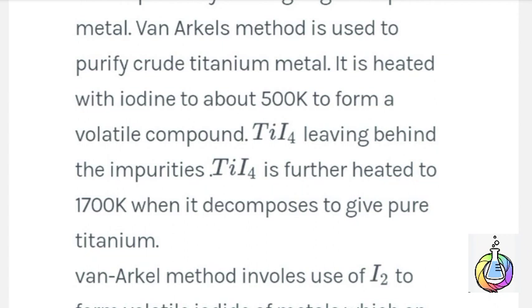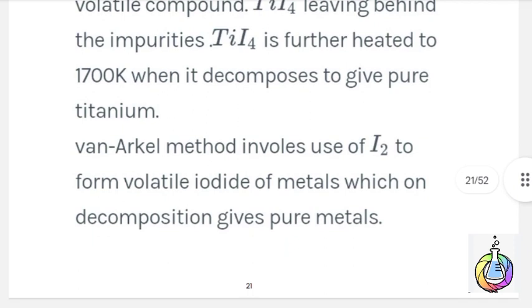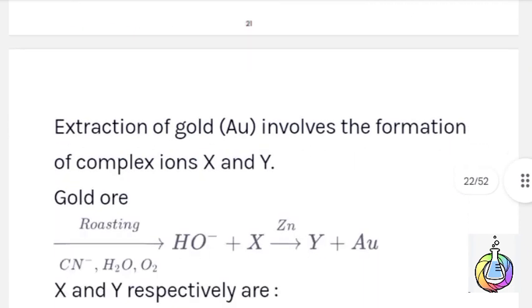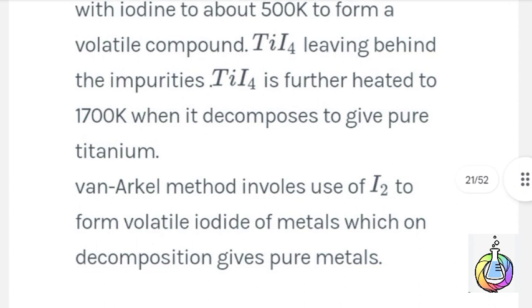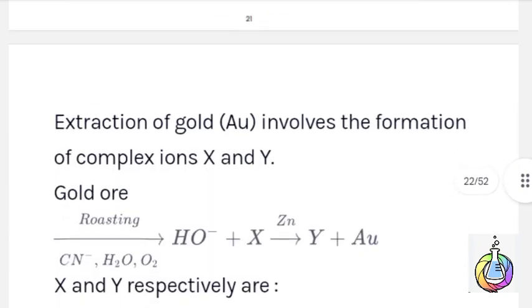TiI4 is further heated to 1700 kelvin when it decomposes to give pure titanium. The Van Arkel method involves the use of I2 iodine to form volatile iodide of metals which on decomposition gives pure metals. Therefore, the assertion is correct and the reason is incorrect.